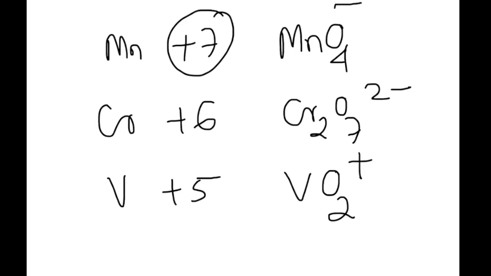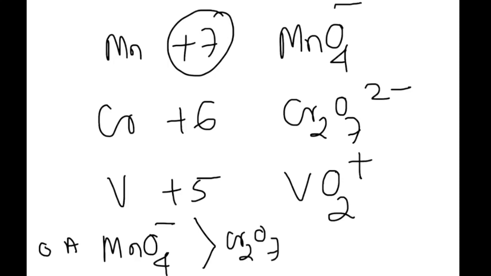If we compare the oxidizing property of these compounds, MnO4 minus, that is permanganate, is a better oxidizing agent than dichromate CrO4 2 minus, than VO2 plus.